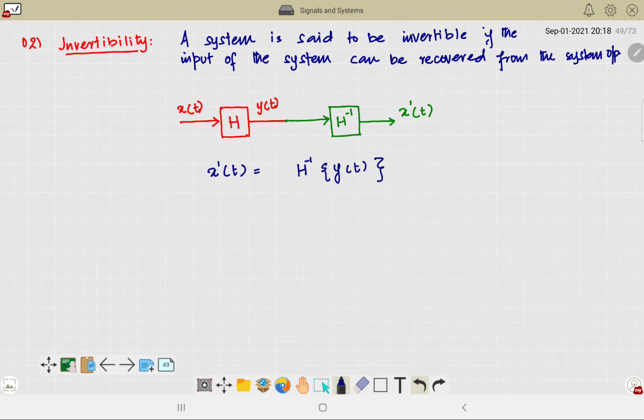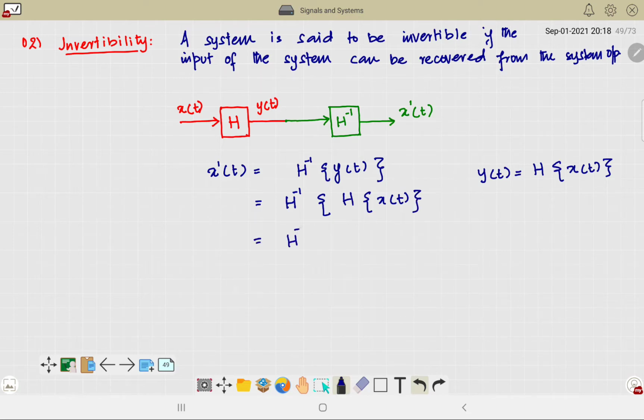Okay. But we already know that y of t in itself is system property h acting on the original input signal x of t. So if I do this bit of manipulation, it will be h inverse h of x of t. Fine.